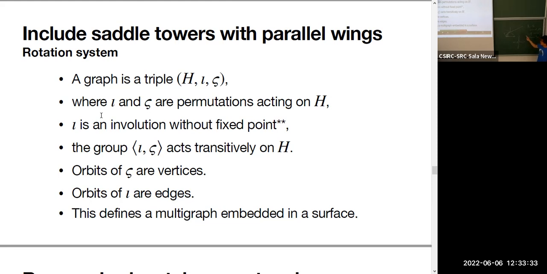But now the order of these wings is encoded with sigma, the permutation sigma. Because this is the element in H, say H1, and this is H2, and the clockwise order of them, although not seen on the picture, is encoded by the, yeah.